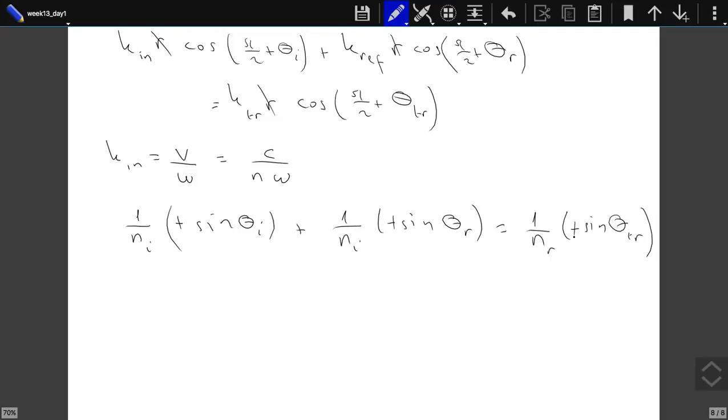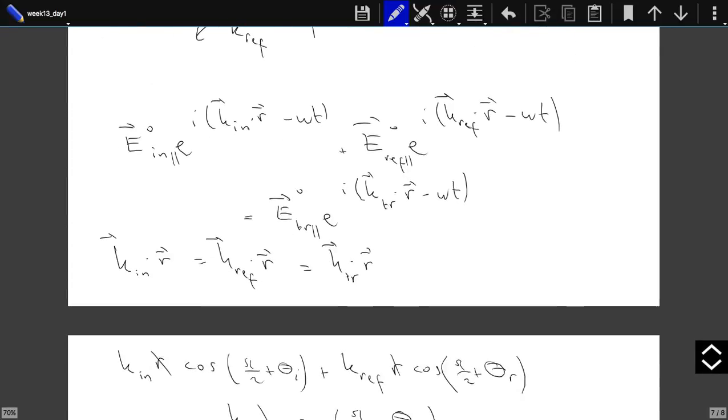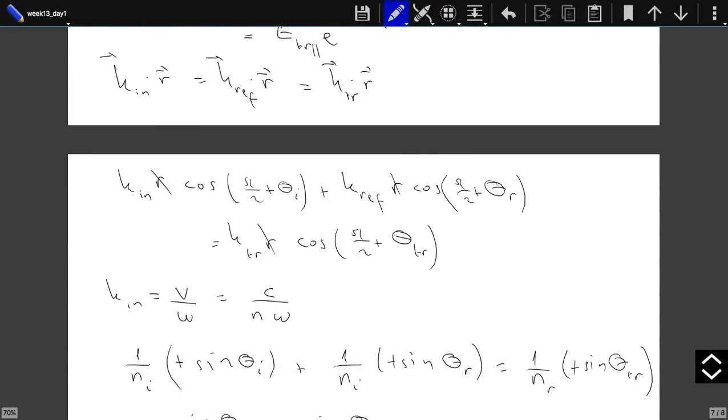Okay, this is one condition we have. Sorry, what am I talking about here? These are equal, not plus.